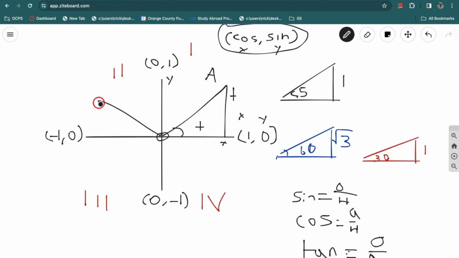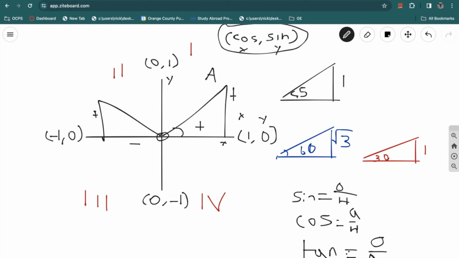Now if we get an angle here, sine is opposite over hypotenuse, so sine is still positive because the y value is still positive, since it's going up. So sine is also going to be positive in the second quadrant. Now cosine here is going to be negative because the x value is moving in the negative direction.